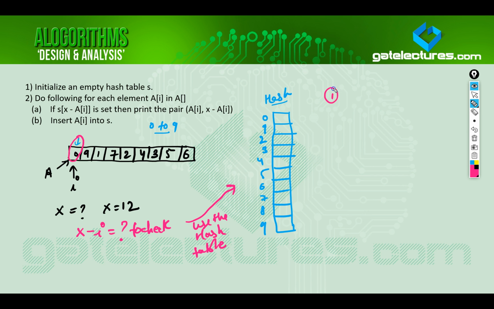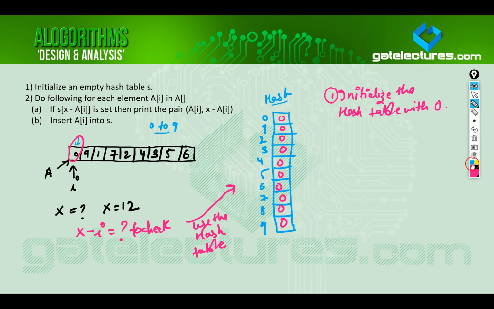Let me show you how we are going to use it. The first step is to initialize the hash table with all the values as 0. So it is 0, 0, 0, 0, 0, 0, 0, 0, 0, 0. We initialize every index location here with the value 0.